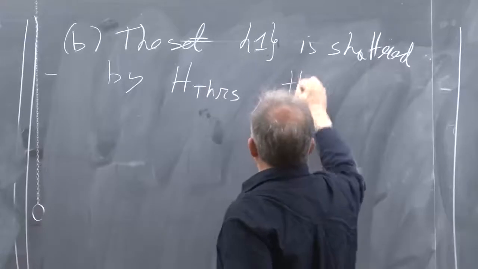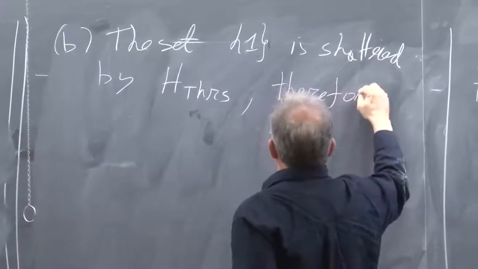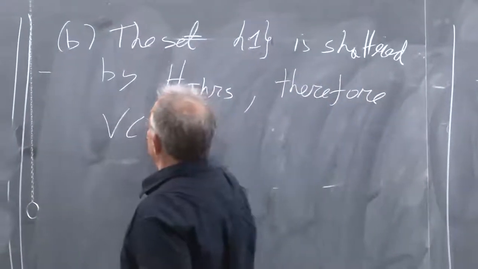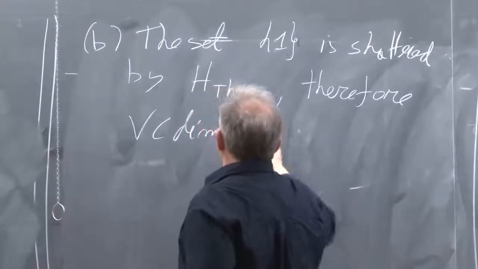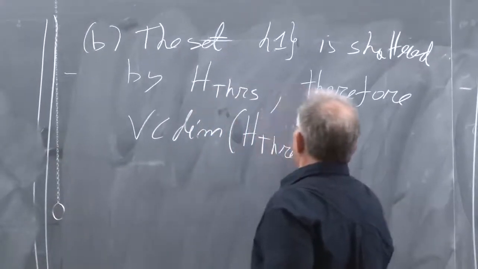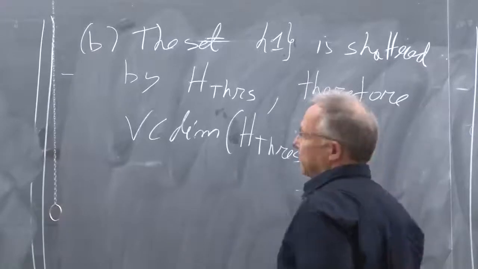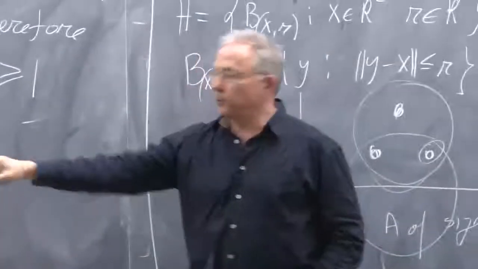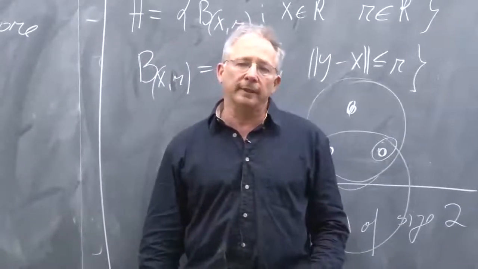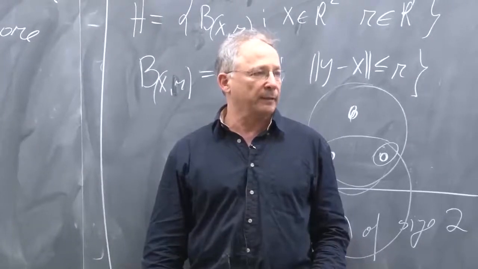Therefore, the VC dim of H threshold is at least 1. So I showed you that it's at most 1, I showed you that it's at least 1. So we proved that this is 1.